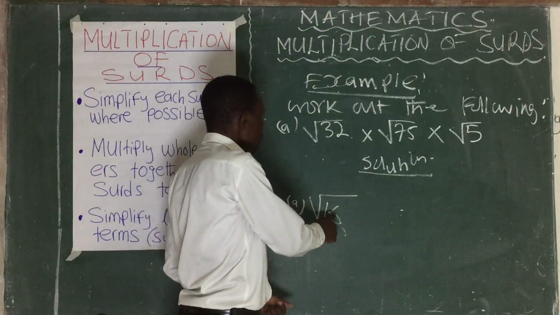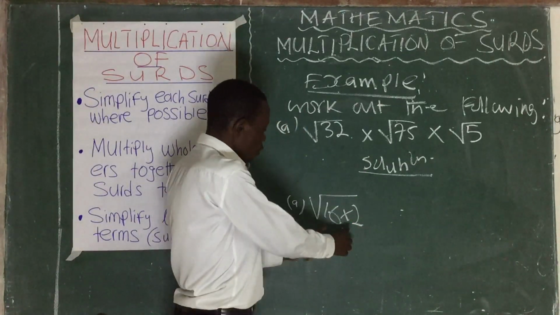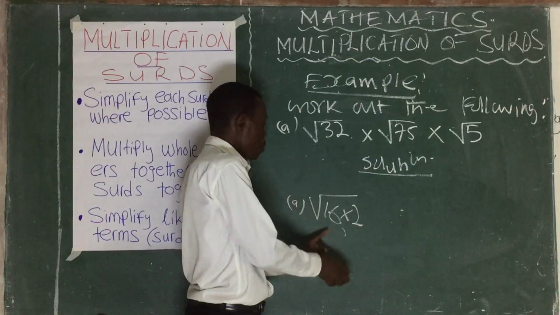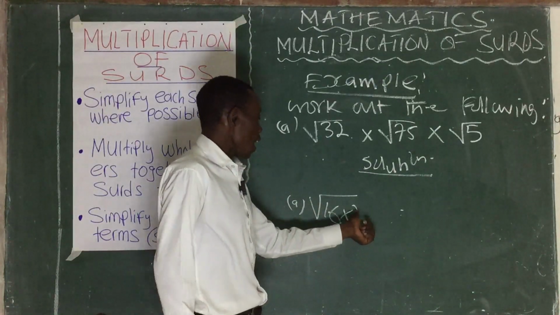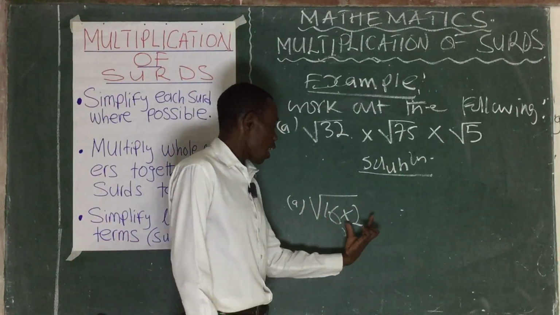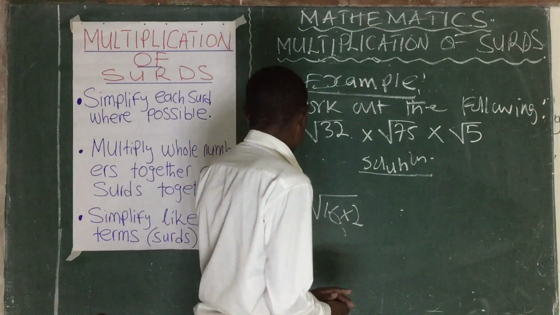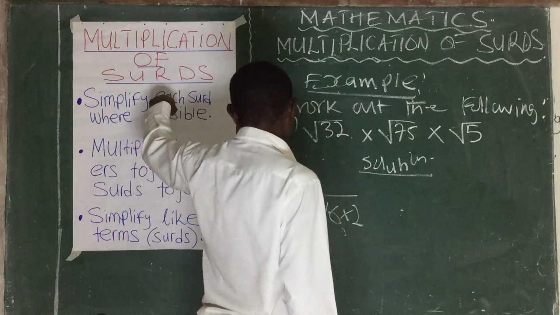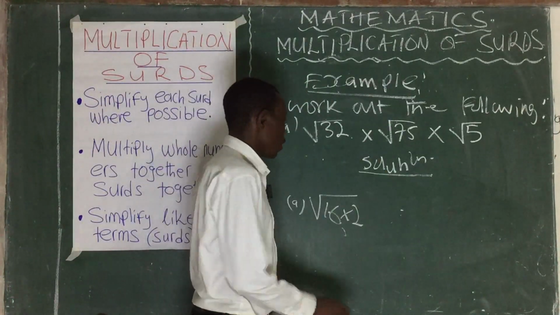Then 16 multiplied by 2 gives you 32. Of the 2 factors here, 16 and 2, 16 is a perfect square, while 2 is irrational. So we have the perfect factor 16 and the irrational factor root of 2. In that case, you have simplified the first surd. Now let's go to the next one.